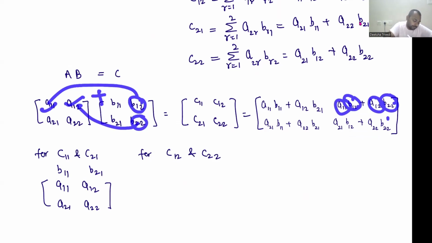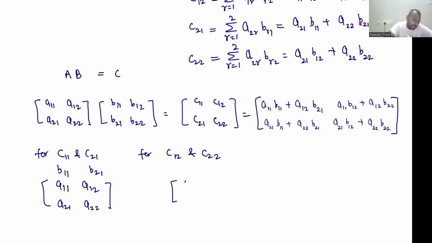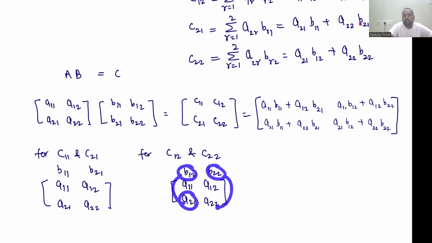Again A21, A22, that we are multiplying with B12 and B22. Now multiply and add, that is C12. Now B12 multiplied with this, B22 multiplied with this and add, that is C22. That's how we are doing the multiplication.